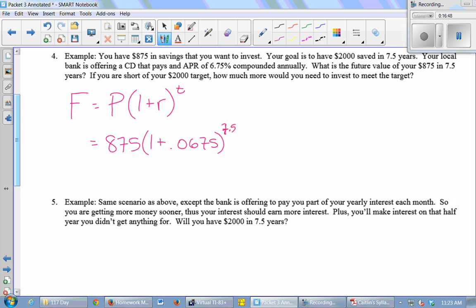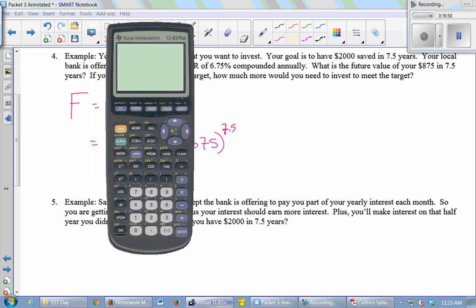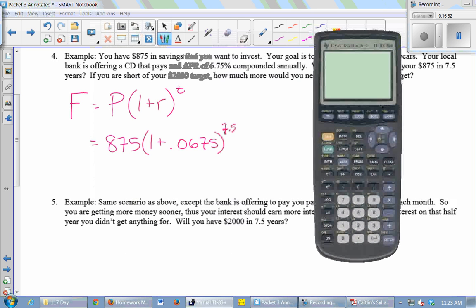So I just do this all on my calculator. So 1.0675 raised to the 7.5 times 875. $1,428.12.